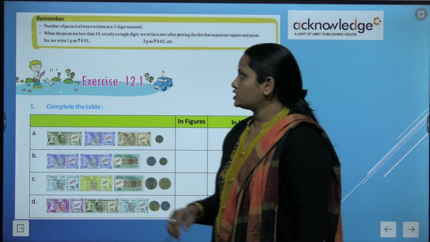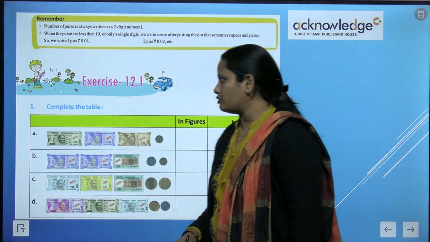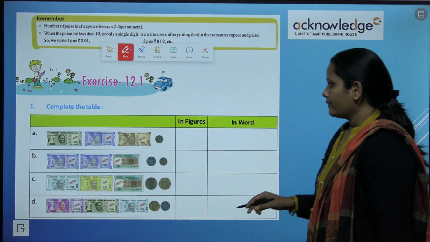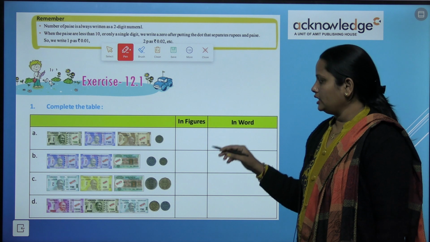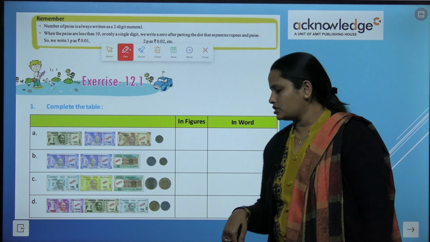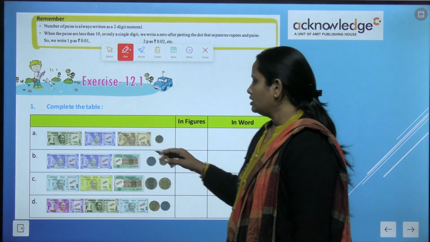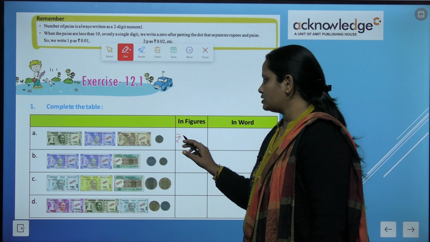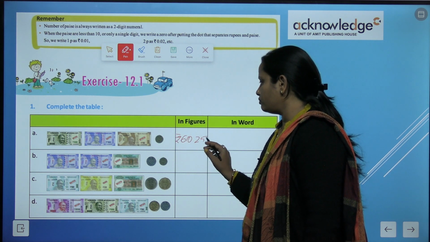Now let's do the given exercise. Exercise number 12.1. Here we have to complete the given table. We have to write down the money in figures and in words. So here it's 500, 600, 10 and 25. So it is rupees 610 and 25 paisa.